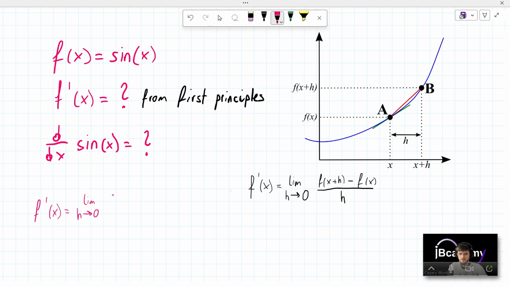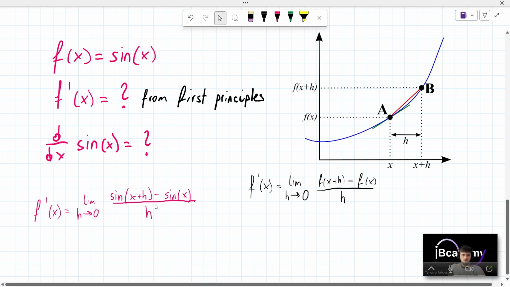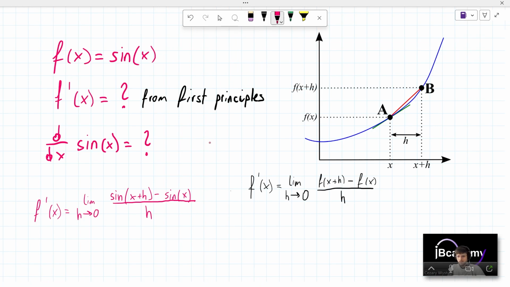So our function f is now sine. So we first have sine of x plus h. And that's this. And now what can we do with this expression? Let's try whatever we can. And what is indeed part of your curriculum is the ability to convert this using a trig identity, the compound angle identity.